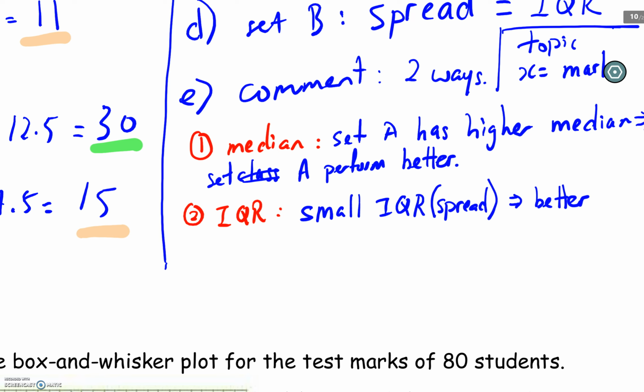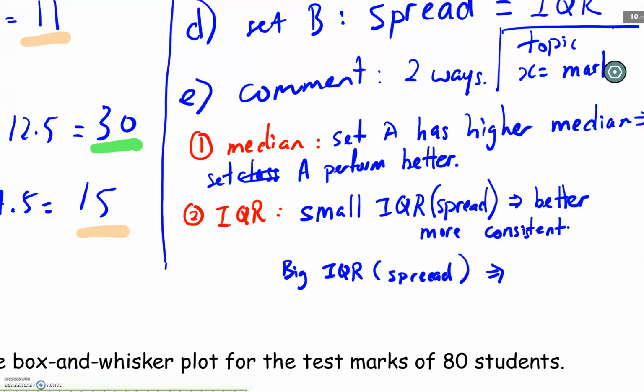Use the word more consistent. Consistent. Now, if I have big IQR, or we call it big spread, of course, this one is not so good. This is less consistent, or we call it bigger spread lah.